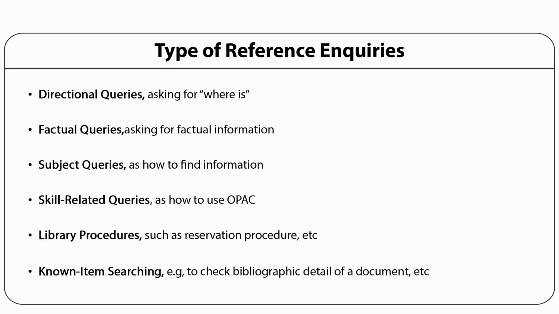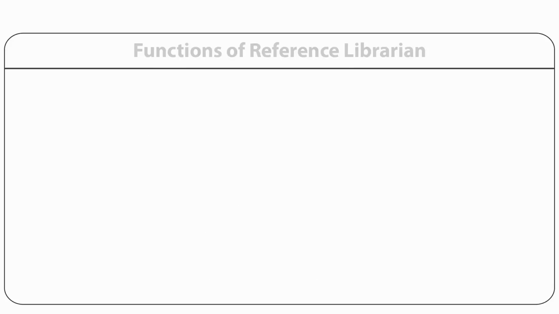Queries related to known item searching pertain to checking, for example, the bibliographic detail of a document or an article in a given journal, etc. In view of these queries which come to the reference librarian at the reference desk, the reference librarian therefore performs a number of functions according to the queries put before him.